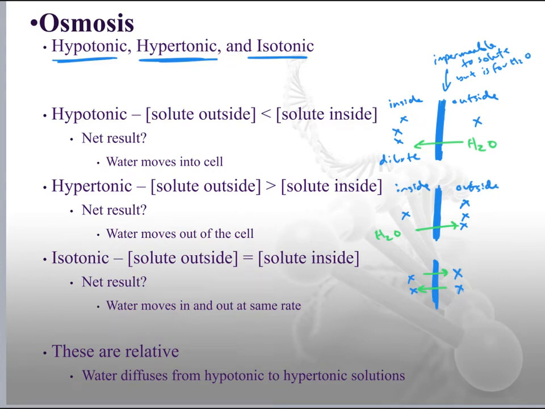If you have a hypertonic solution where the outside is more concentrated, the cell is going to shrink, and that's because the water is going to leave the cell. Here it's going to remain the same size. Now remember, these are all relative. Water diffuses from hypotonic to hypertonic solutions. Hypo to hyper.